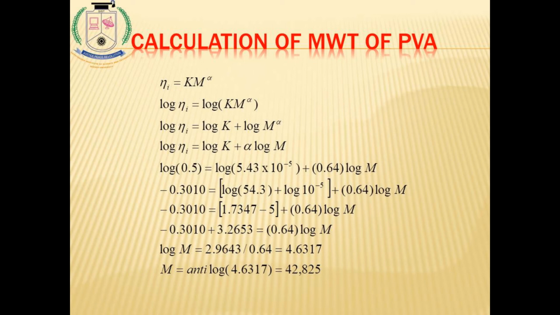Log K value, that is 5.43 into 10 power minus 5, plus 0.64 log M. If you do the calculation, log 0.5 is minus 0.3010, and log M plus log 5.43 plus log 10 power minus 5.